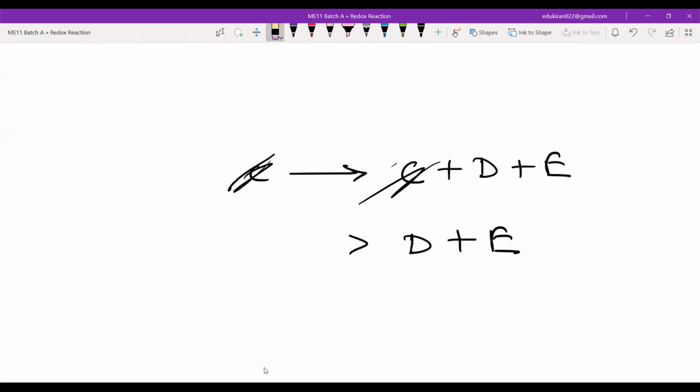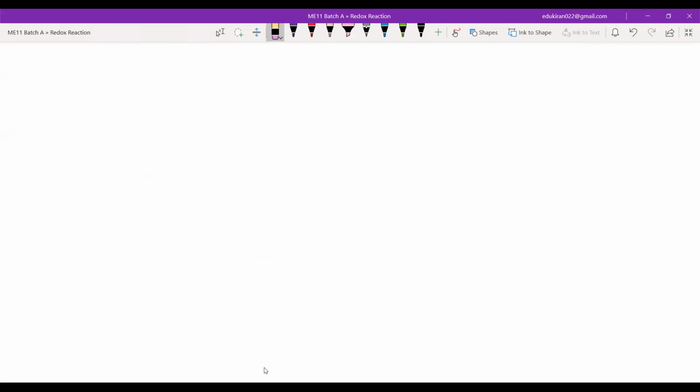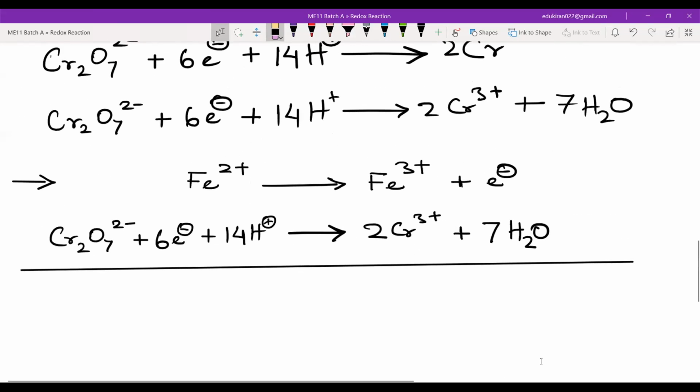So this will be Cr2O7 2 negative, plus 6 Fe2 positive, plus 14H plus, gives me 2 Cr3 positive, plus 6 Fe3 positive, plus 7H2O. So this is your balanced chemical equation now. Don't worry, we will do a few more questions, then you will get a hang of it.